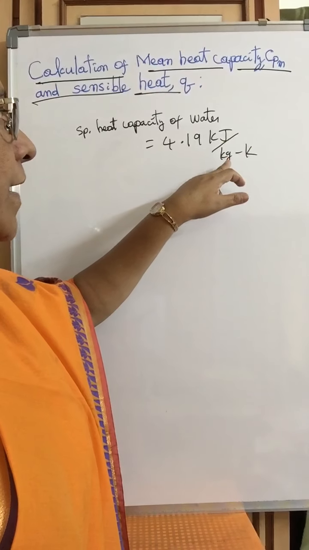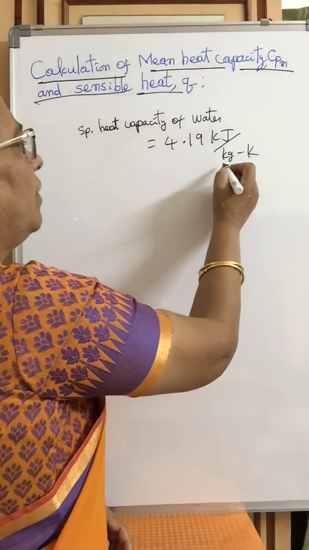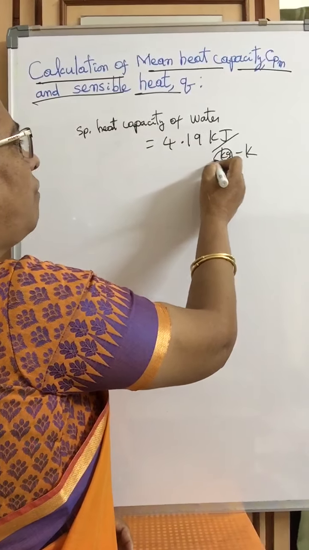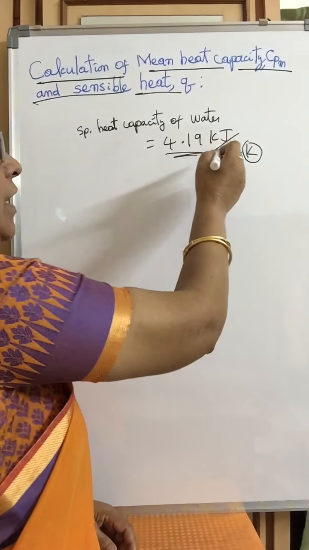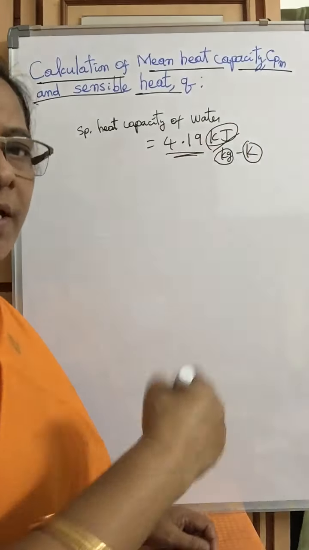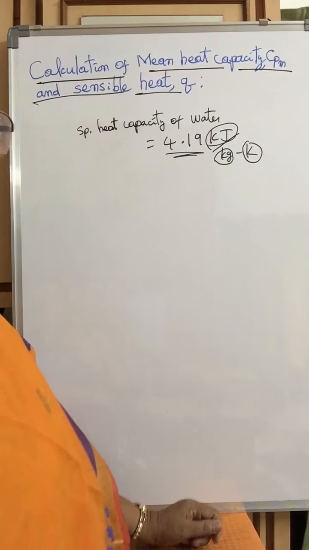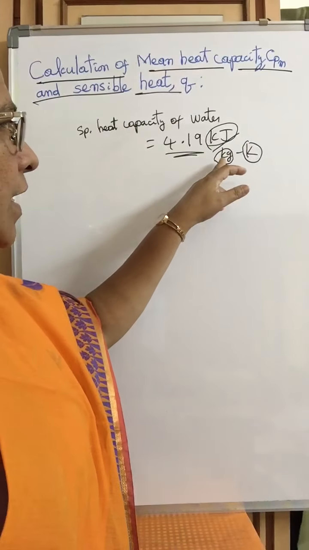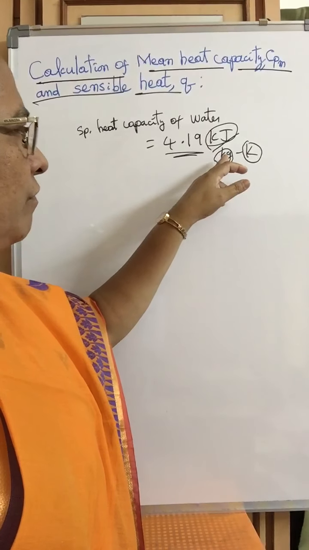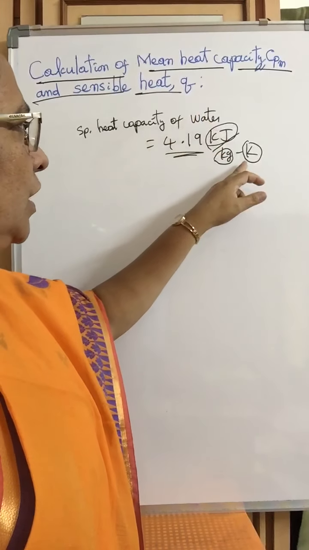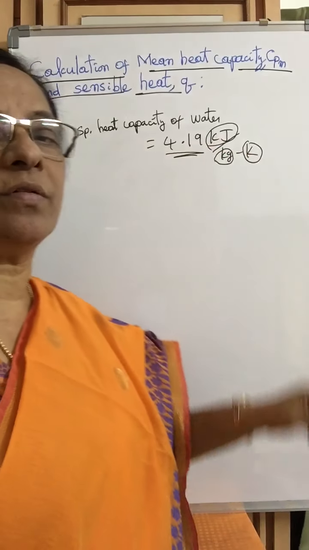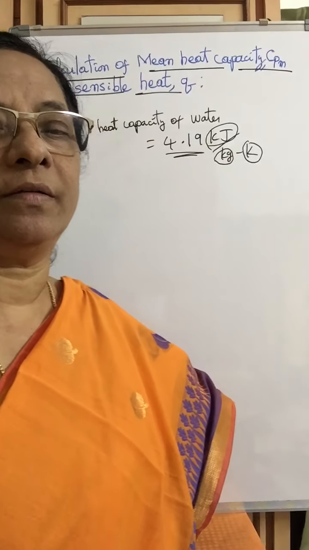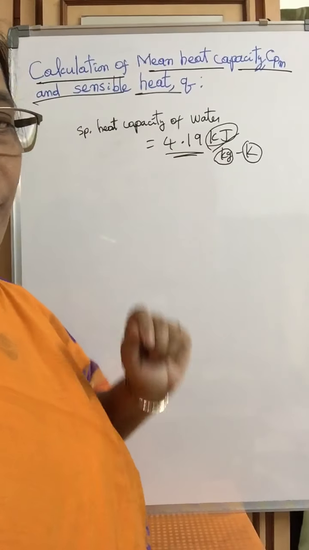In order to raise the temperature of 1 kg of water by 1 Kelvin, 4.19 kilojoules are to be supplied. So this is per kg.